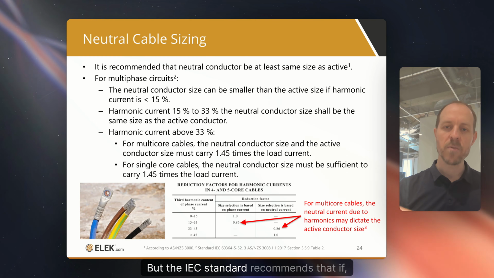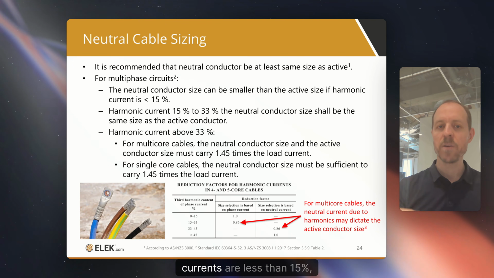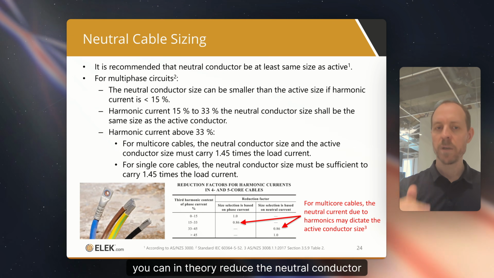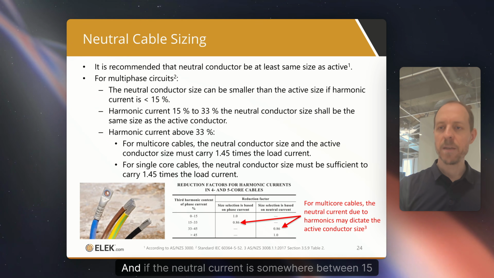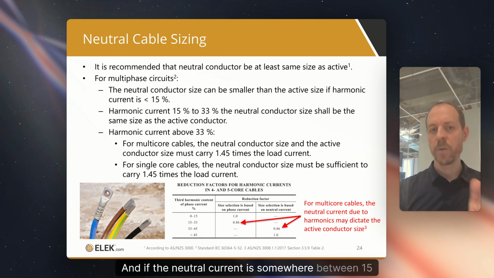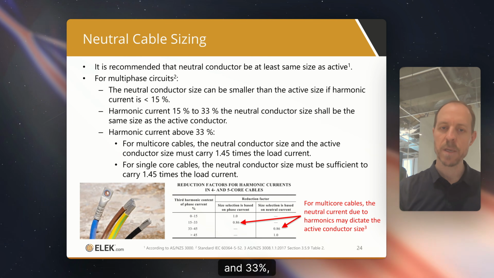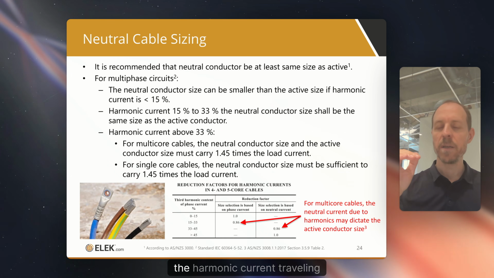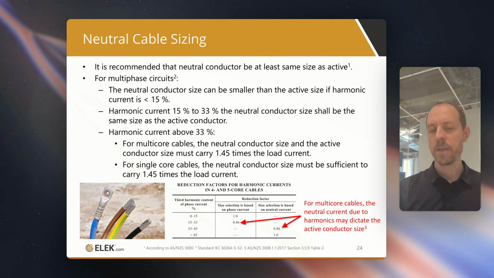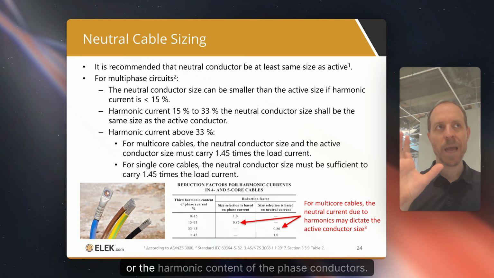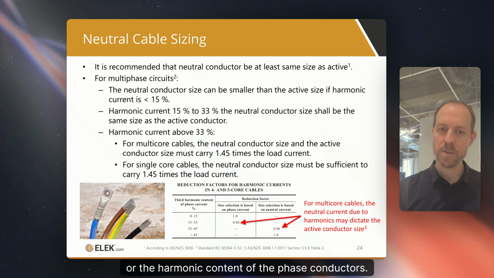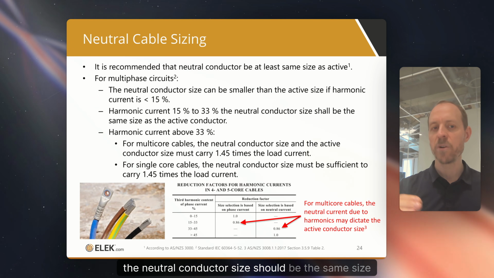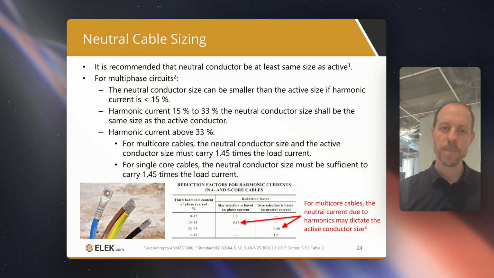But the IEC standard recommends that if harmonic currents are less than 15%, you can in theory reduce the neutral conductor size. And if the neutral current is somewhere between 15 and 33%, I'm talking about the harmonic content of the phase conductors, in that case the neutral conductor size should be the same size as the active conductor.